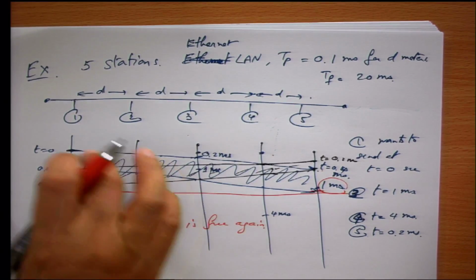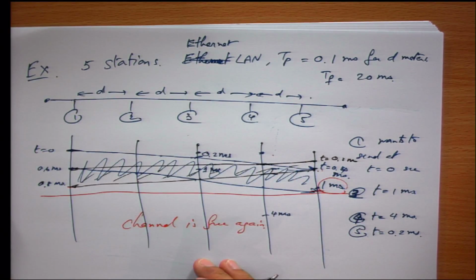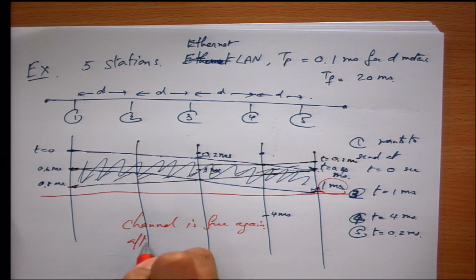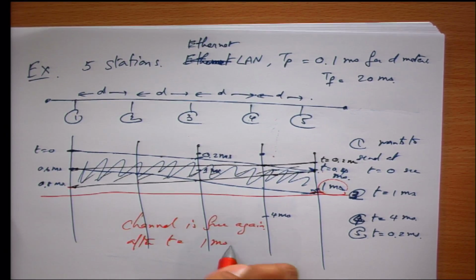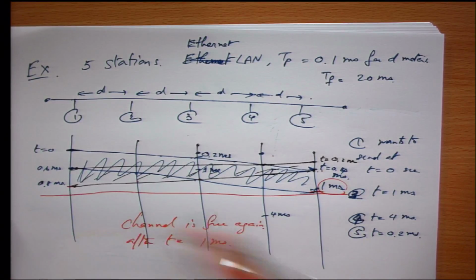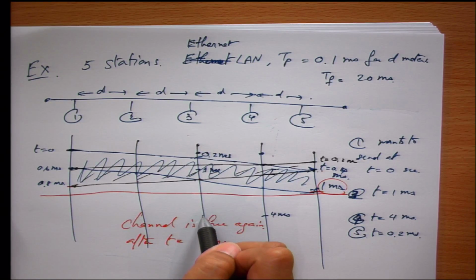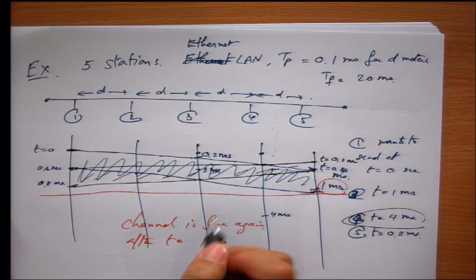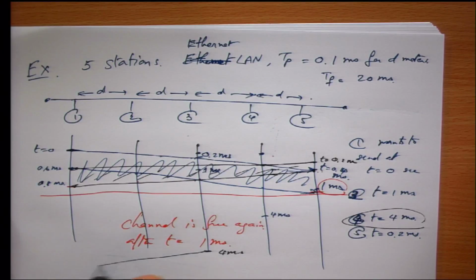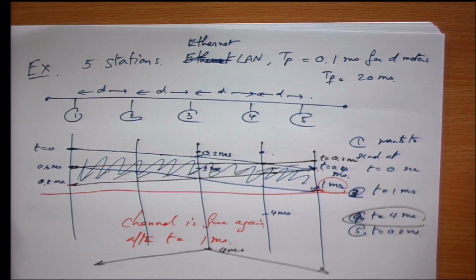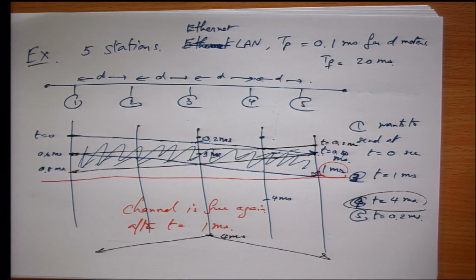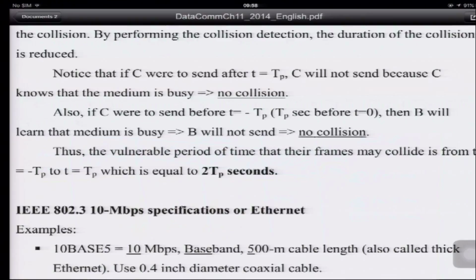Even though there's a collision here, the channel is free again. So if station 4 now wants to send at t equal to 4 milliseconds, it can start sending, because the channel is free again. So that's some examples, and in class I will give you more examples on this.